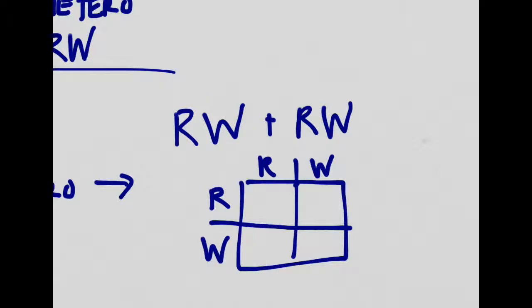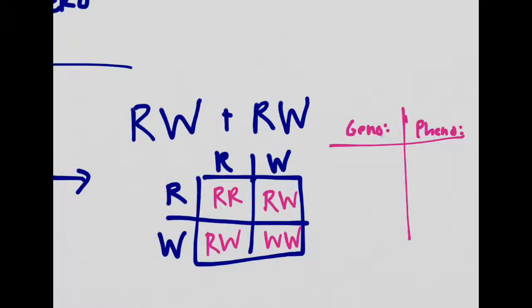And now in this box, we'll get big R, big R. In this box, we're going to get big R, big W. In this box here, we'll get big R, big W. And in this box here, we'll get W, W. And just like we've been doing in class, let's write out the possible genotypes and the possible phenotypes.